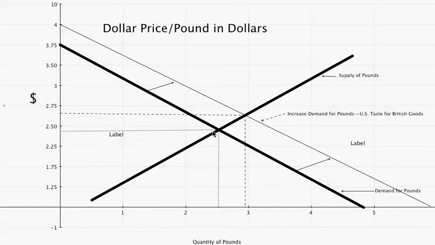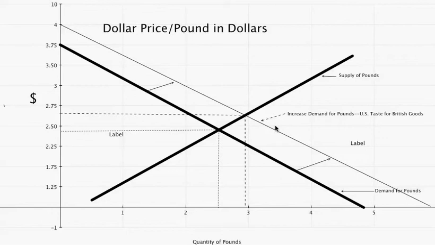Now, when I'm talking about these determinants like income or taste, I'm talking about, here in the United States, our income relative to their income over in England is higher. Therefore, that should increase our demand for British goods, and that's what I've indicated here as increased demand for pounds.